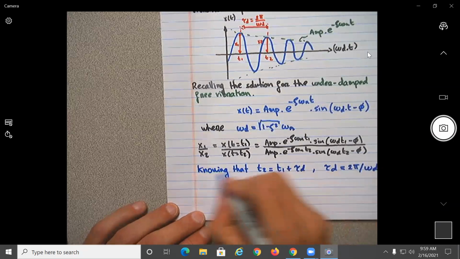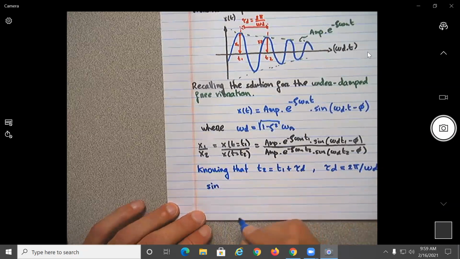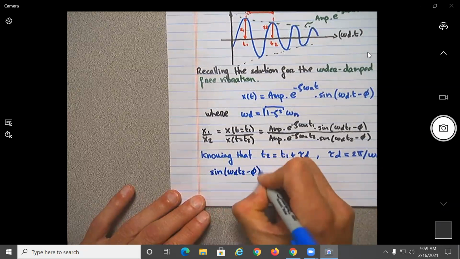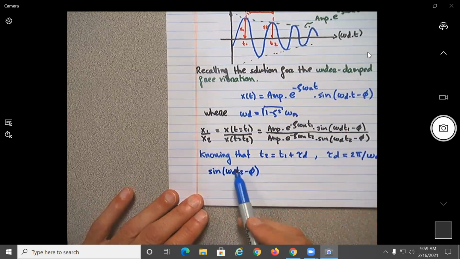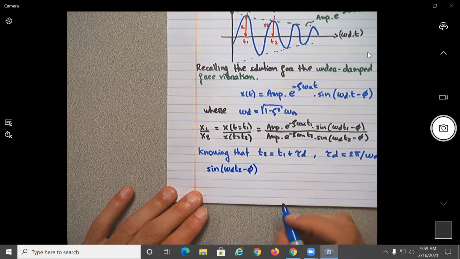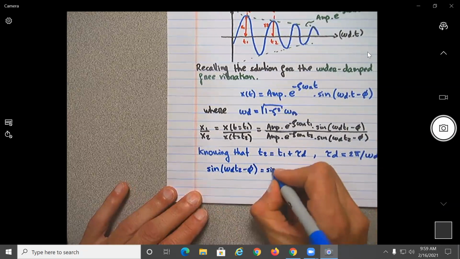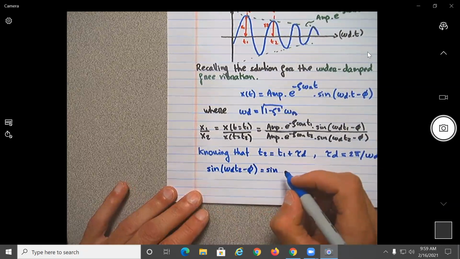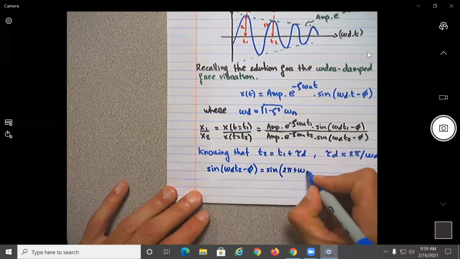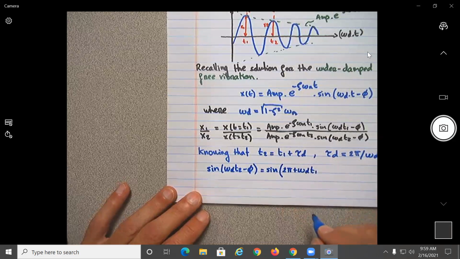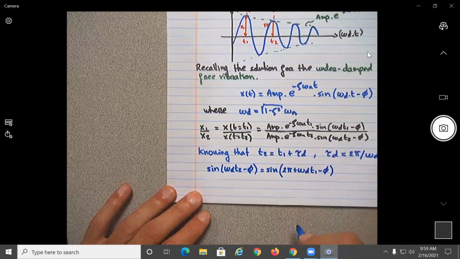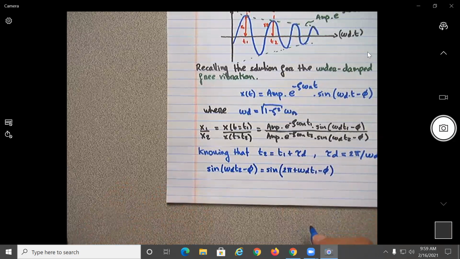And then we can rewrite this term over here, sine of omega sub d t sub 2 minus phi, as sine of 2 pi plus omega sub d t sub 1 minus phi.